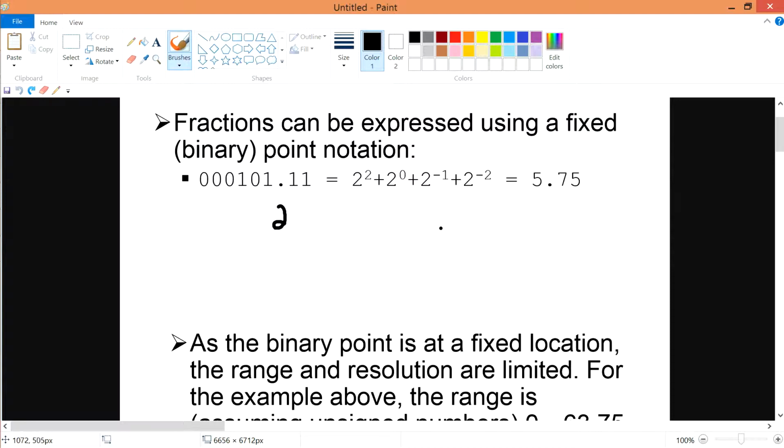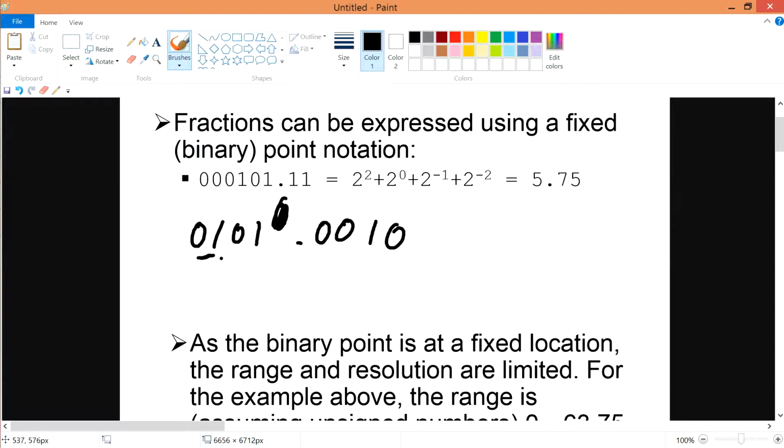Sometimes we want it to be 0.1. How can we have 0.1? For example, you can talk about 0.001, something like that, 0.0010, so you have 0101.